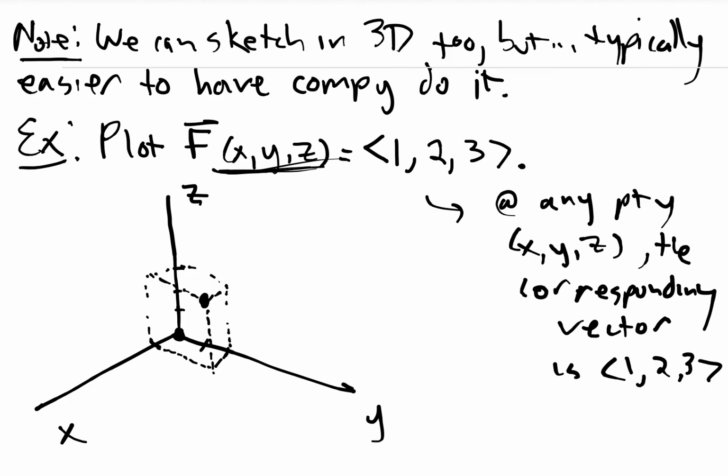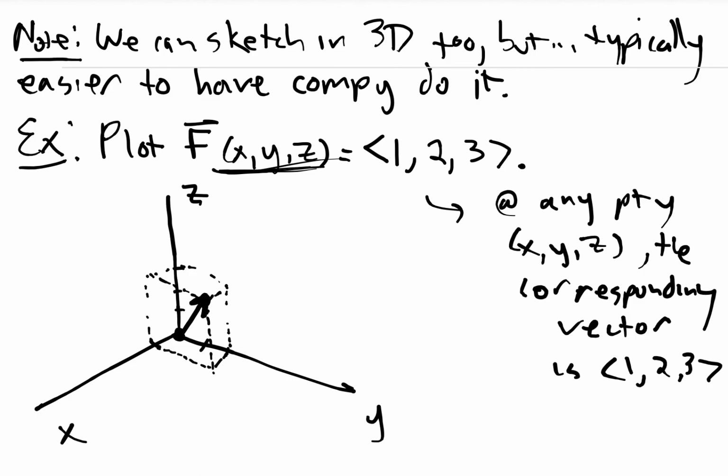If I draw my reference box that is 1 by 2 by 3, we get back this point up top here. So that suggests this guy right here is my (1, 2, 3) vector.